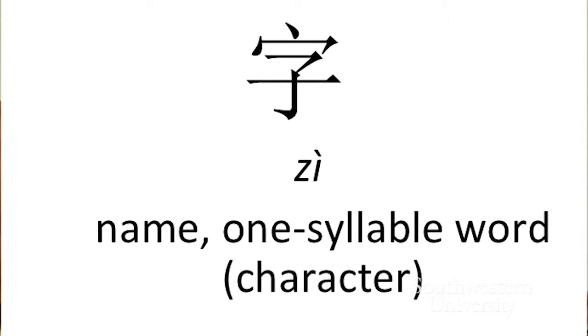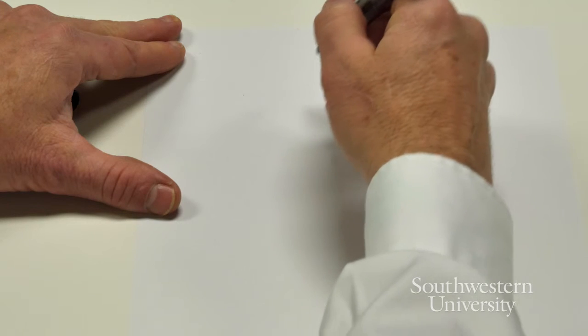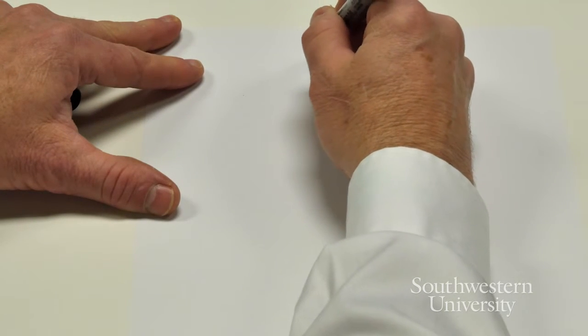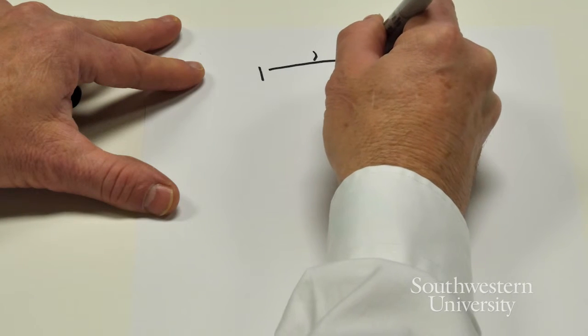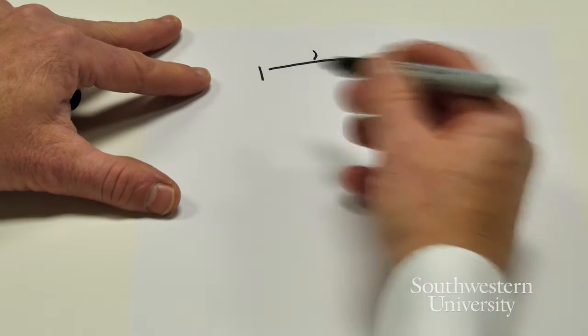Now the next character means a character, like a Chinese character, a single syllable word. It's used in the word mingzi because a ming was one name and a zi was another name, but in modern Chinese they just combine them. And it depicts a roof. So a roof is sometimes depicted with a dot on top, sometimes not, and this time it does.